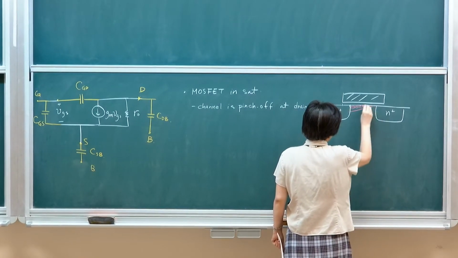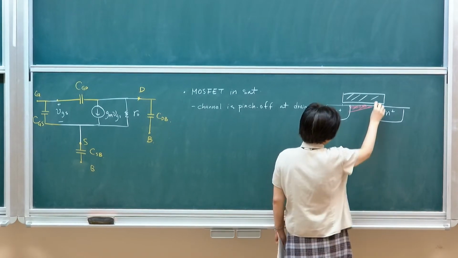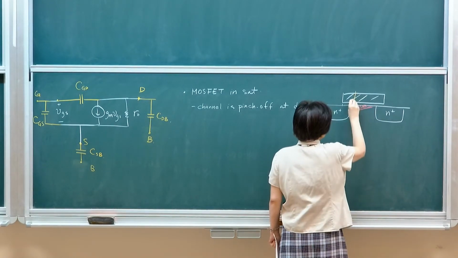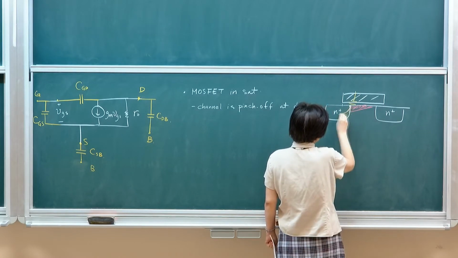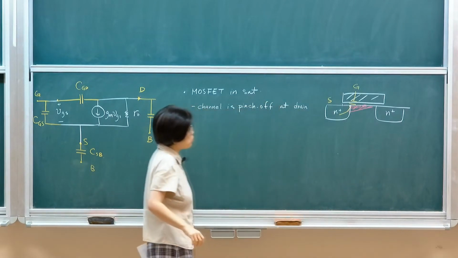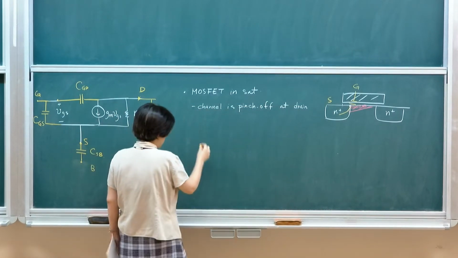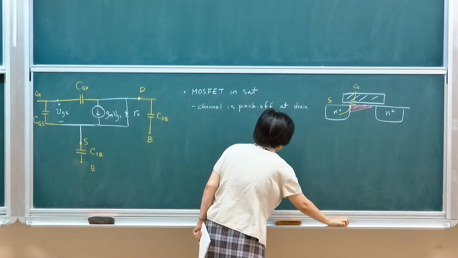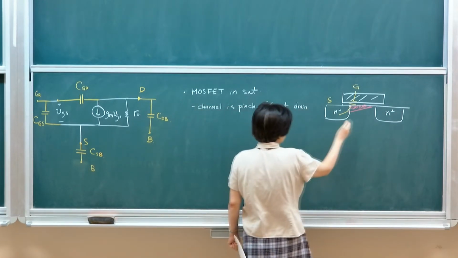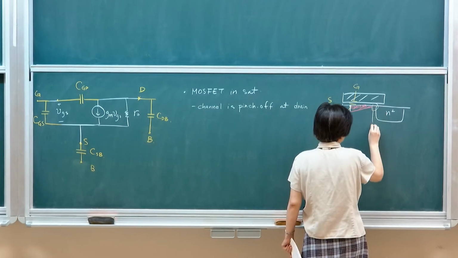Because this is a discontinuous channel, if you think about a parallel plate capacitance, the charge is coming from the gate, and the other side is coming from the source. So mainly your charge will be CGS. So in saturation, this is discontinuous.